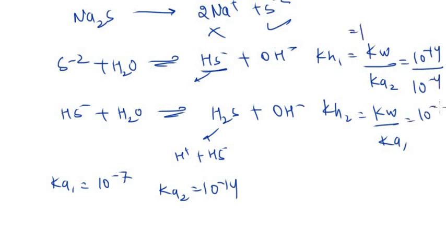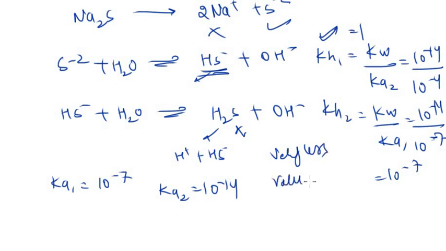And KH2 is Kw, 10 raised to power minus 14, divided by Ka1, 10 raised to power minus 7, so it comes out to be 10 raised to power minus 7. So S negative 2 will be hydrolyzed, but HS negative won't be hydrolyzed, as KH2 has a very small value.